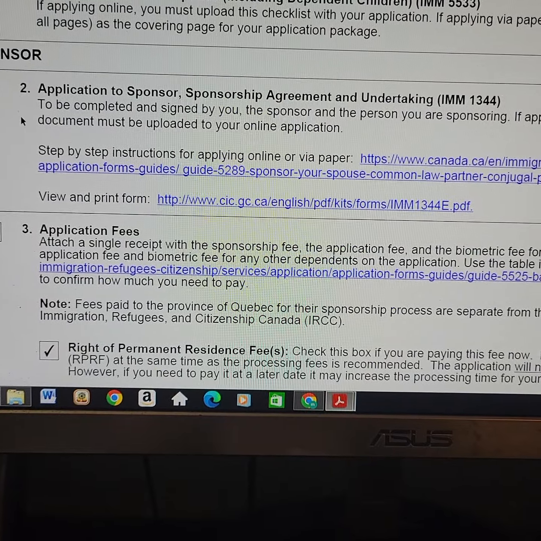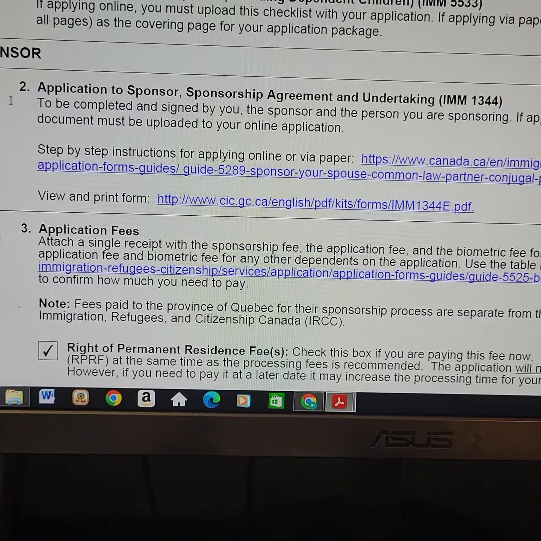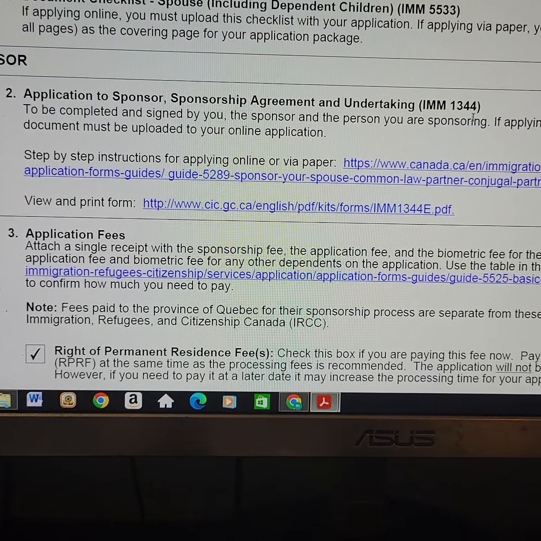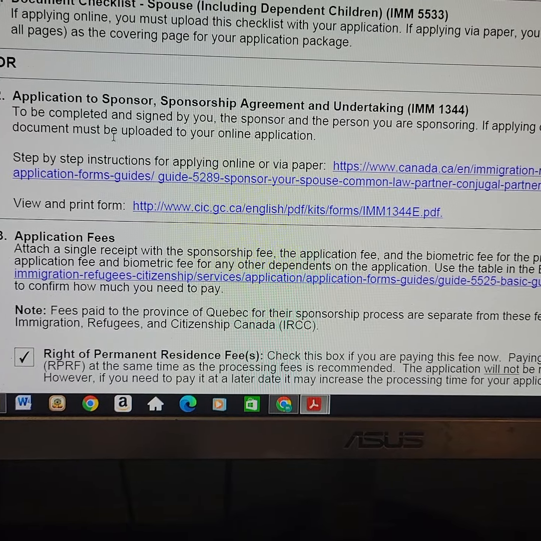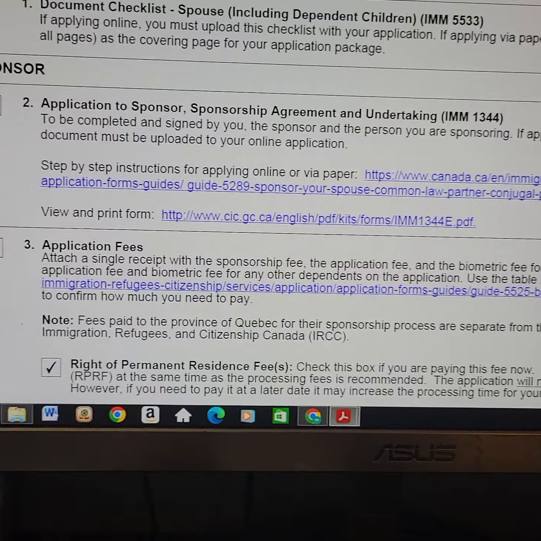Okay, another thing, the second one is sponsor. The application to sponsor and sponsorship agreement, IMM 1344, needs to be completed and signed by you, which means the sponsor. Okay, so pay attention.